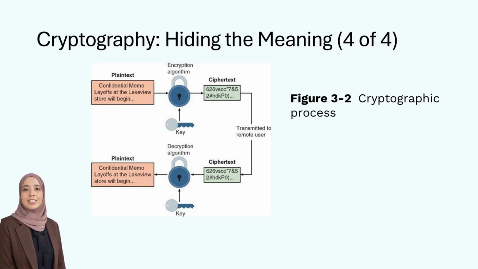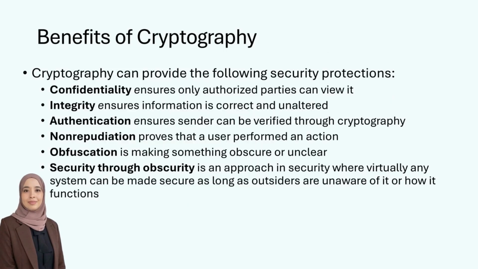This scrambled message is then sent to a remote user, and once the user receives it, they can use the same key to turn the ciphertext back into plain text, the original message. This process ensures that only the right person with the correct key can read the message and understand its meaning.